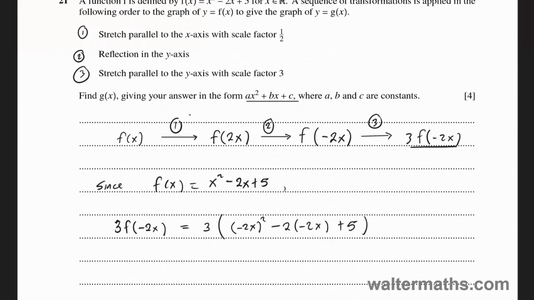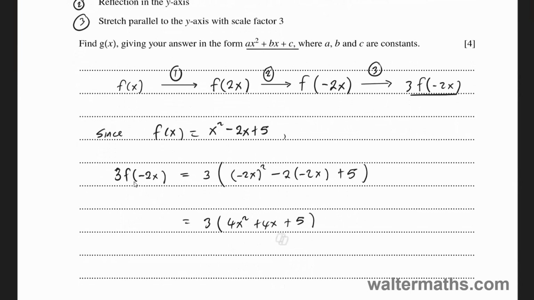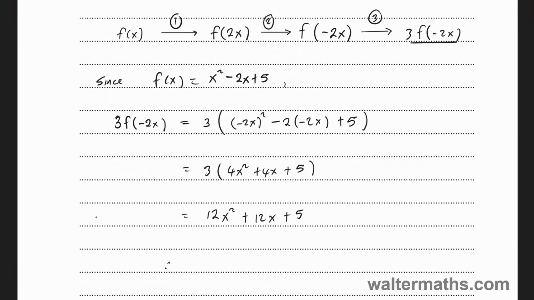So basically what we will be having is 3(4x squared + 4x + 5). So we would get the final answer to be 12x squared + 12x + 15. So that is the new function g(x). So g(x) comes out as 12x squared + 12x + 15.